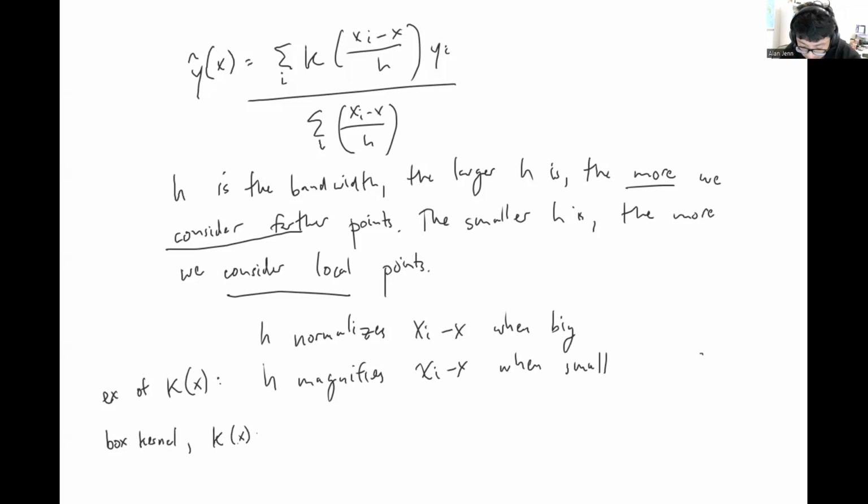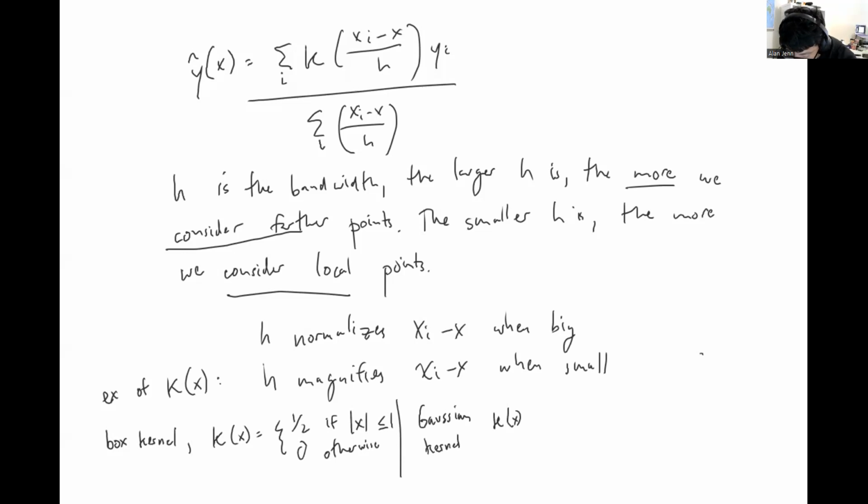So this is k of x is equal to 1/2 if the absolute value of x is less than or equal to 1, 0 otherwise. There is the Gaussian kernel. So this is k of x is equal to 1 over the square root of 2 pi, times exp of negative x squared over 2.